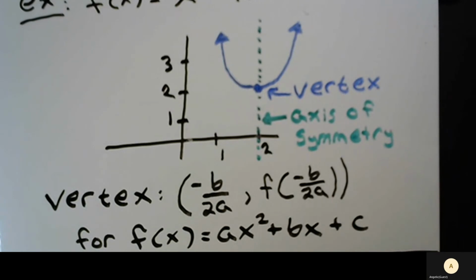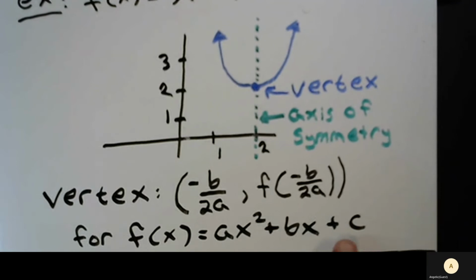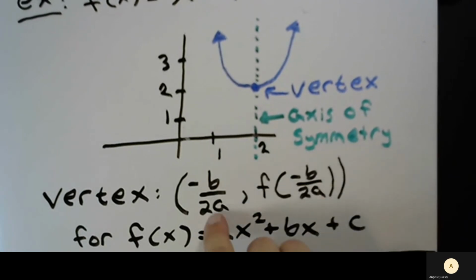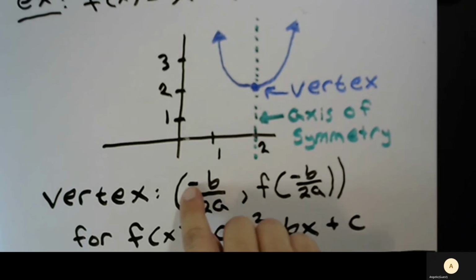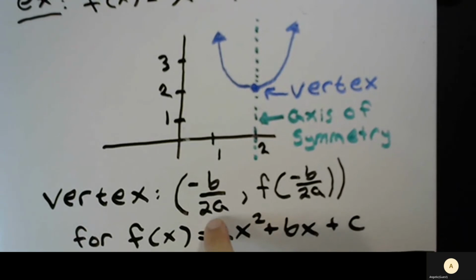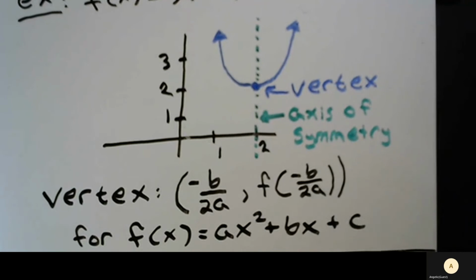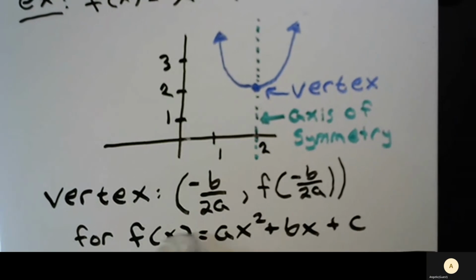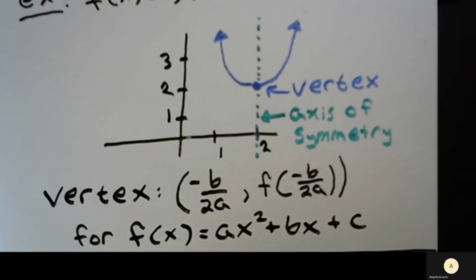So what we'll do to locate the vertex, we take our quadratic function, we identify A, B, and C, and then the x coordinate will be the B divided by 2 times A, and then we put a negative sign on there. We take the opposite. Then we take this value, plug it into the function f, and that's going to give us our y coordinate. So let's take a look for this function. Any questions about that?